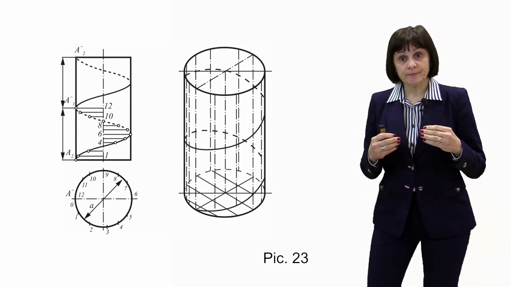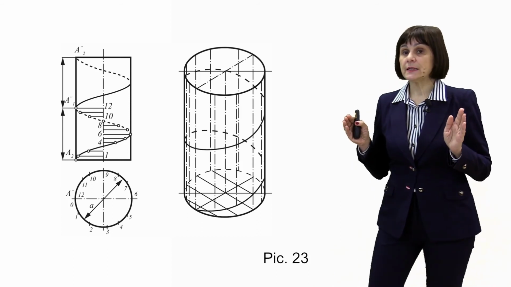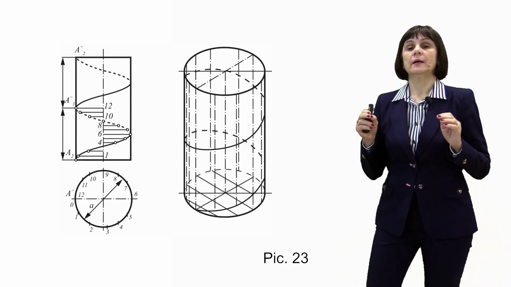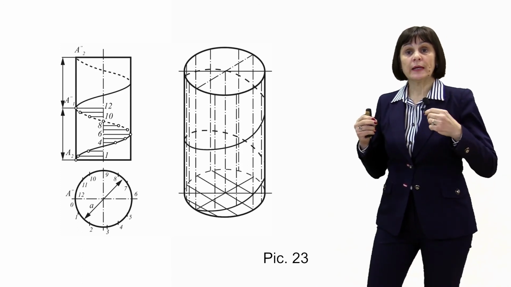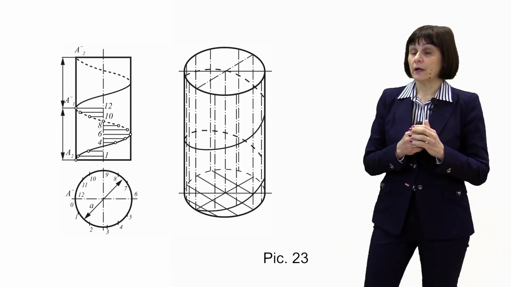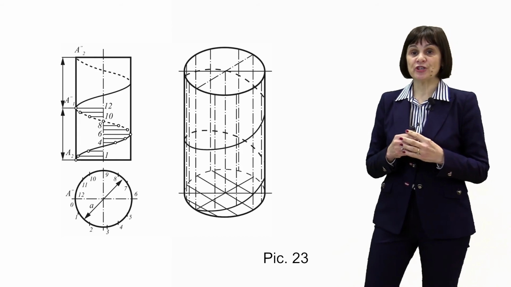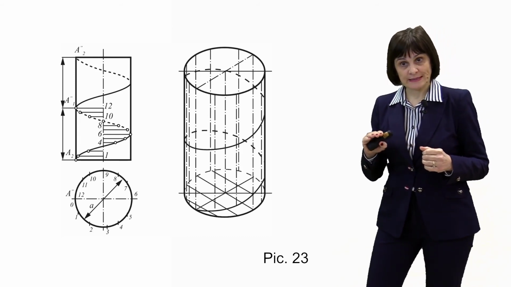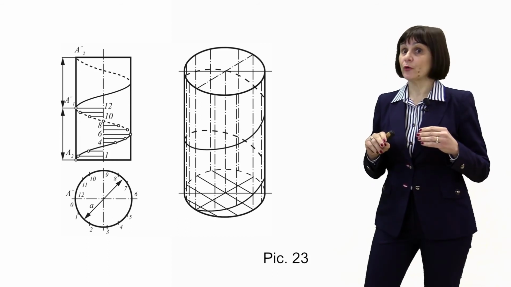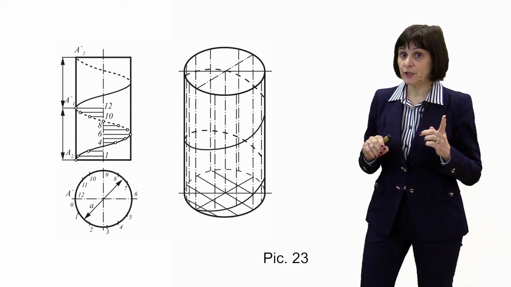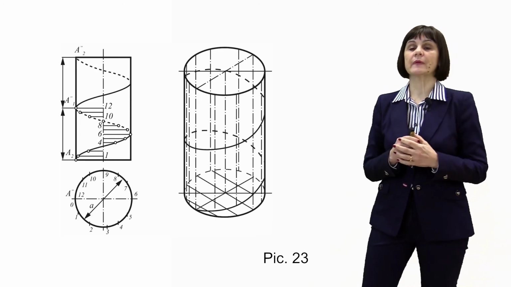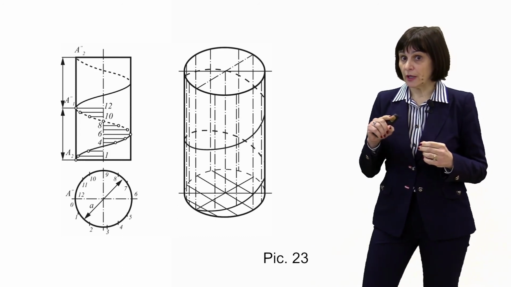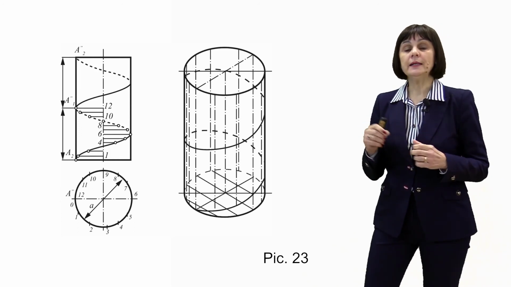This point is placed on the side of our cylinder, belongs to the vertical line. So we project point A on the bottom base of the cylinder, on the left side of our cylinder.